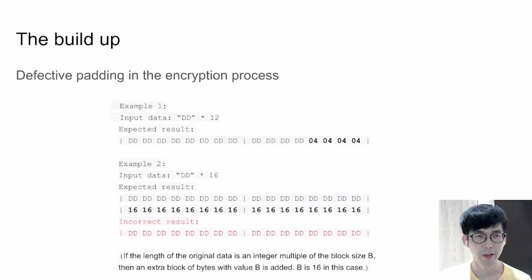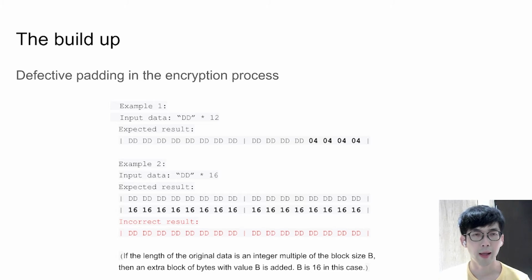I found the problem is the encryption process. The encryption algorithm is block-based, so we have to add padding before we encrypt. Let me explain how padding works in case you don't have related background.